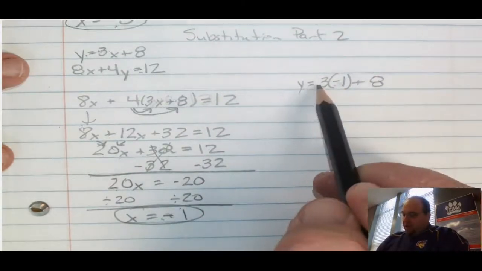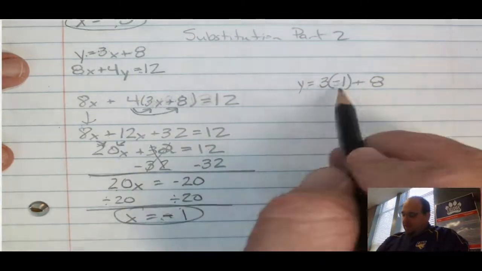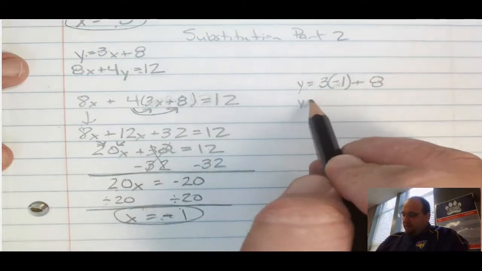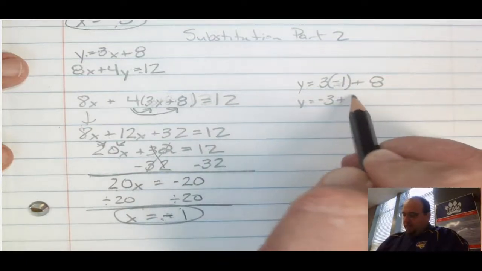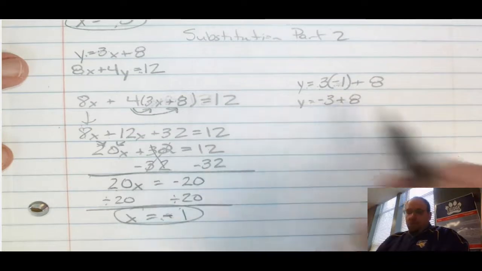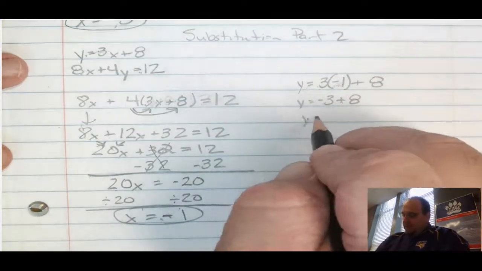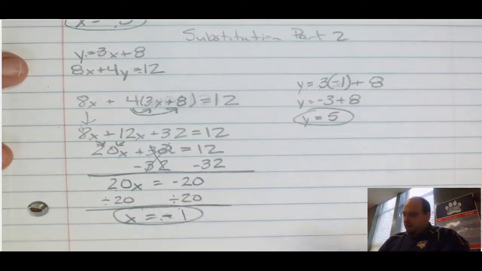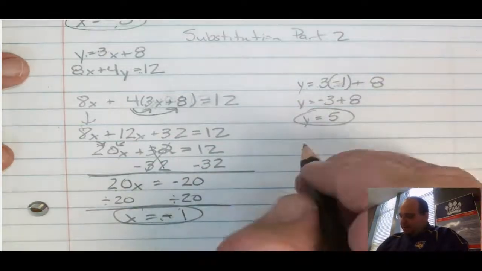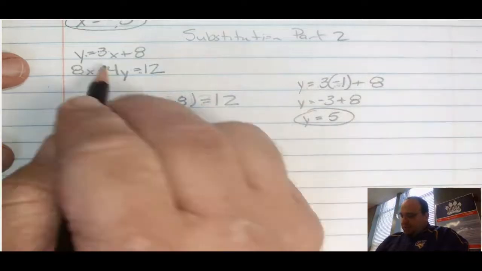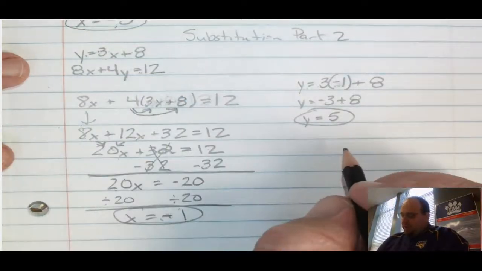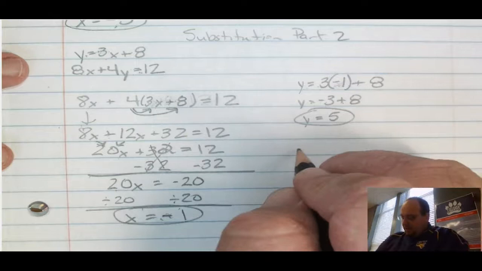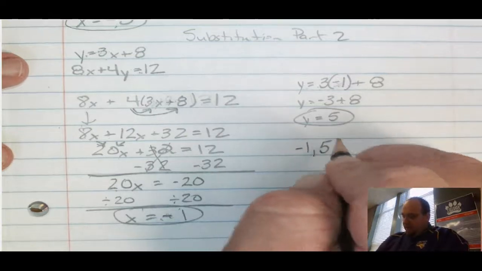So we have y equals 3 times negative 1 plus 8. 3 times negative 1 would give me negative 3. Negative 3 plus 8 would give me a positive 5, which lets me know my y coordinate. So my x is negative 1, my y is 5. That means the solution of where these two equations meet is negative 1, 5.